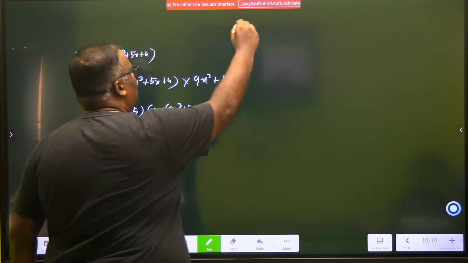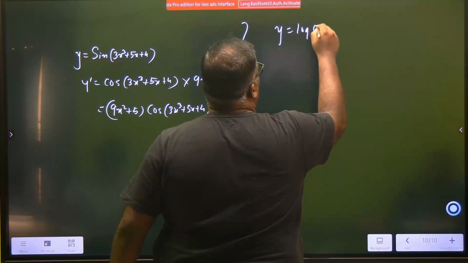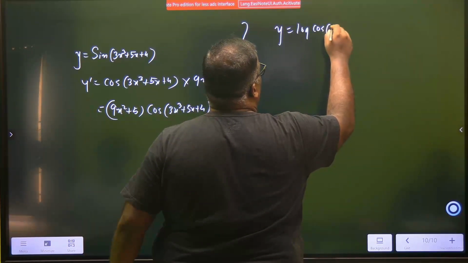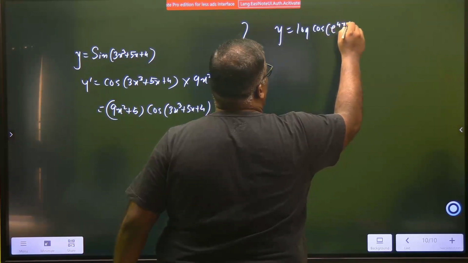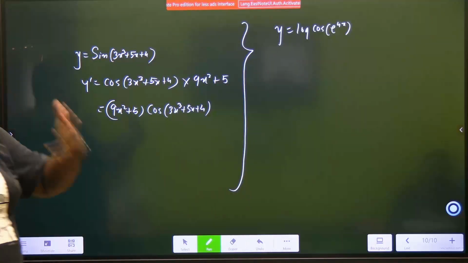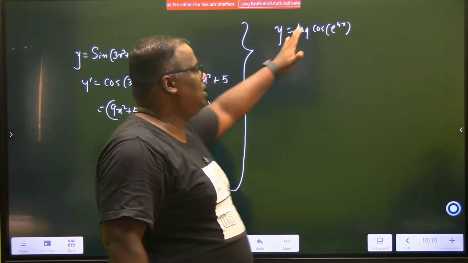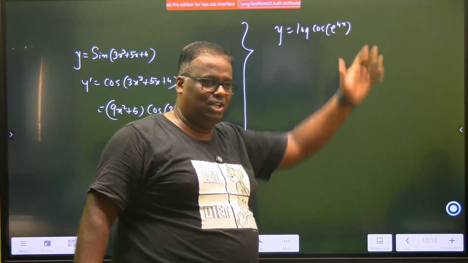Let's take one difficult. Y equal to log cos of e to the power 4x. Yo, let's do this. मुंह से करेंगे. What is the first function? Log. For the log, what is dog? Cos of something is the dog.